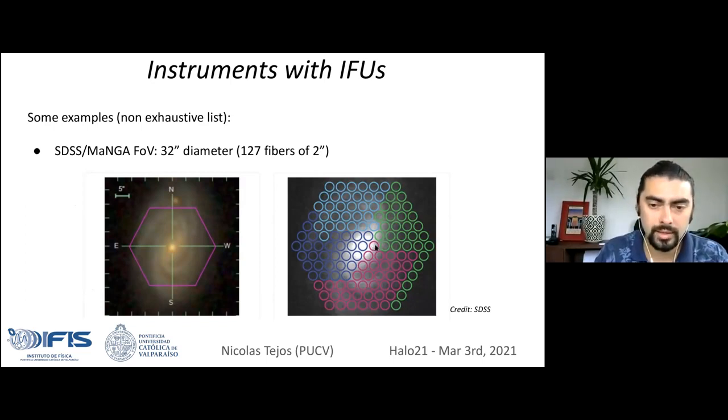The limitation here is that the size of the fiber is 2 arc seconds, so you cannot resolve things smaller than the fiber size. But it's very powerful for doing a large survey like MaNGA has done.